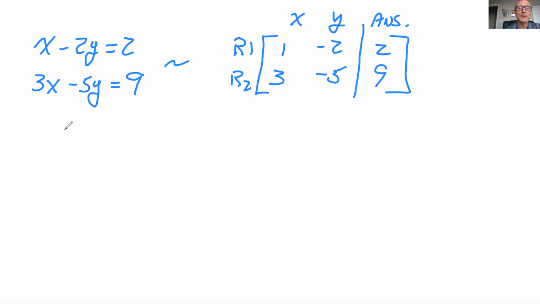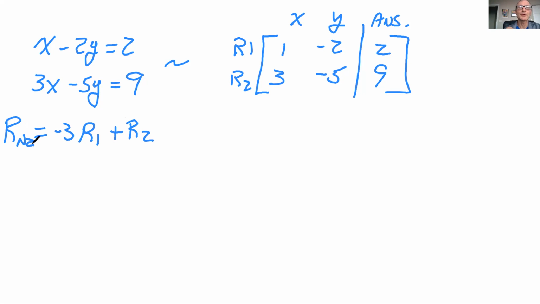So you would take row 1 and multiply it by minus 3. The next step will be to add it to row 2. That's going to be what I'll call N2, which is our new row 2. So we're going to replace that row.